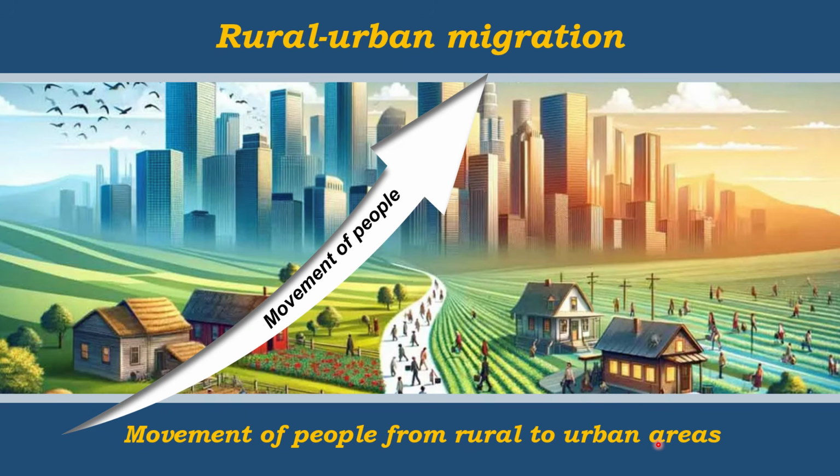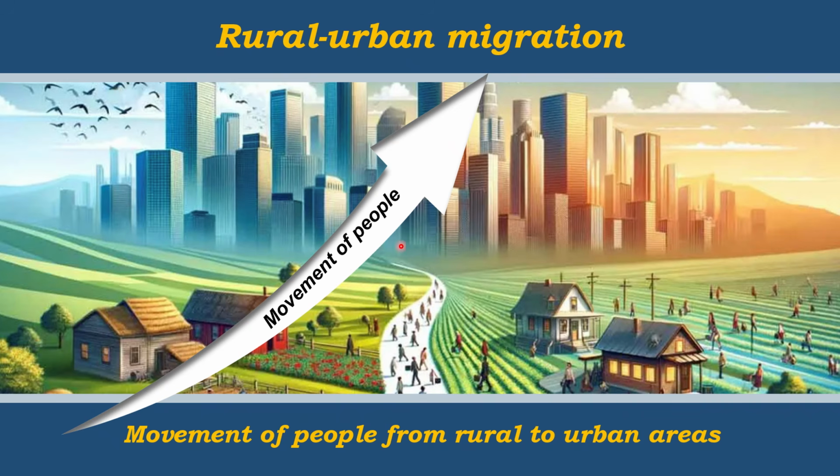As you can see here, with our rural area, people are moving to the city. Okay, they are walking, but obviously they'll use transport. They are moving from rural to urban. If you look at this arrow, you can just simply ignore it, but it's showing something also. You can see at the front it is a very big pointer, showing that the population in urban areas is going to increase.